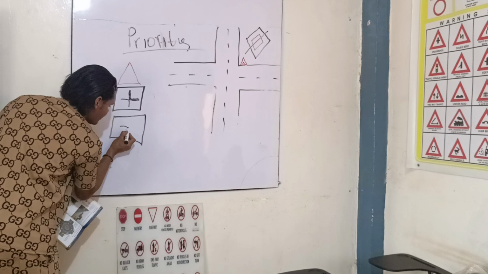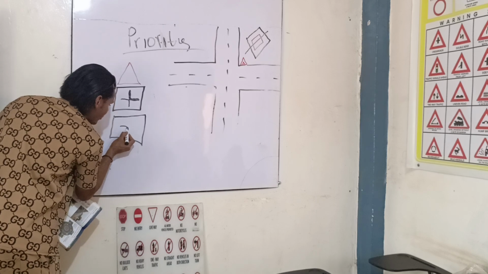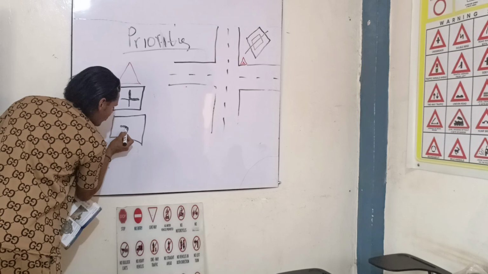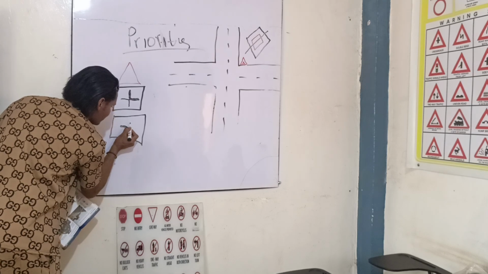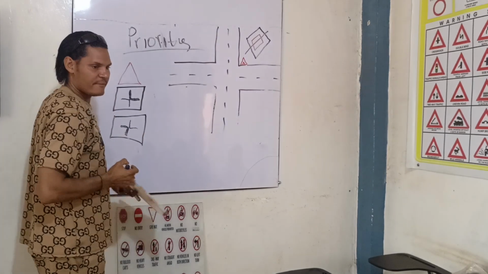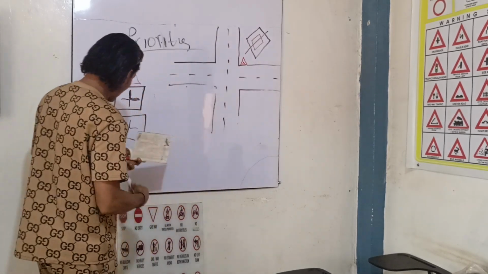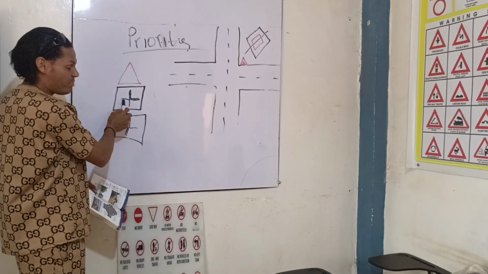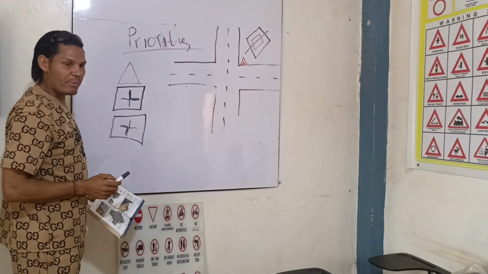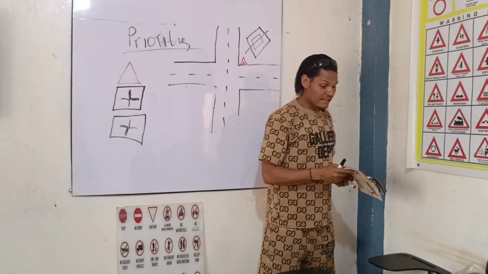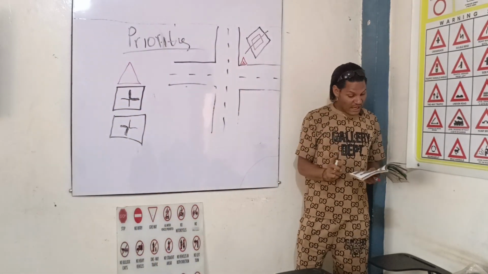This one is going to be now bold, very bold and fat. Bold means thick. Then the other one is skinny. So coming from here you are on the priority road, but up here you are not on the priority road. So are we understanding the diagram plate?